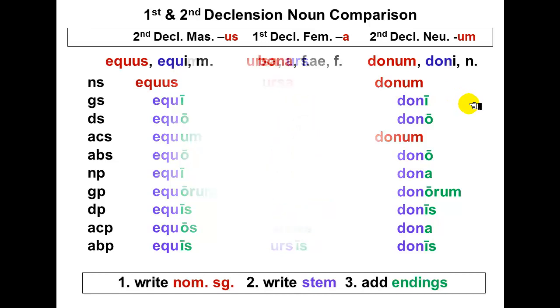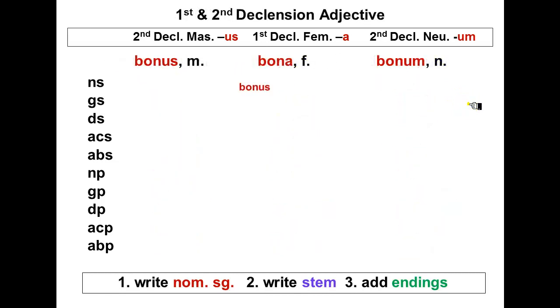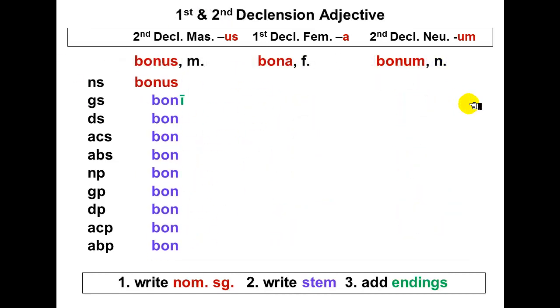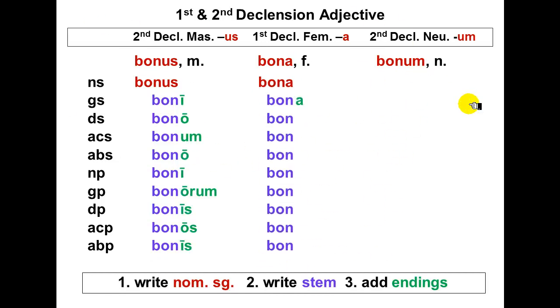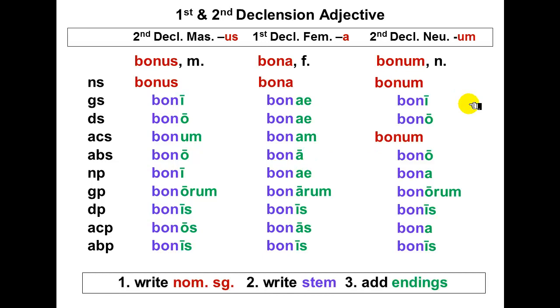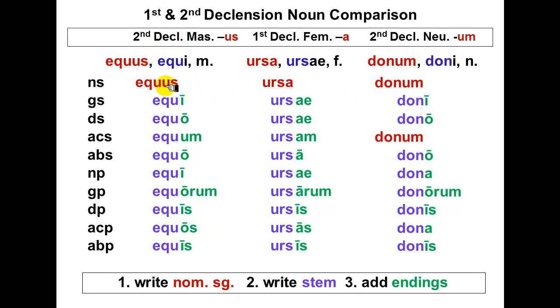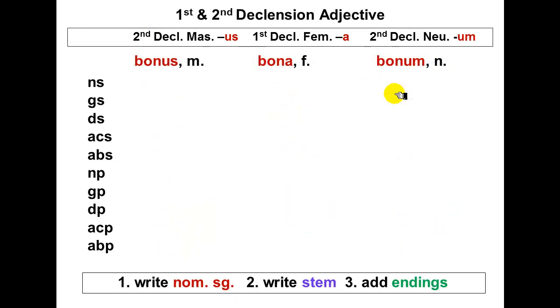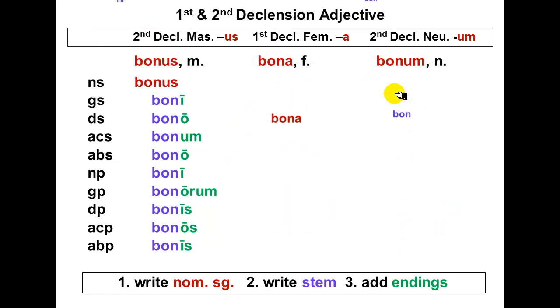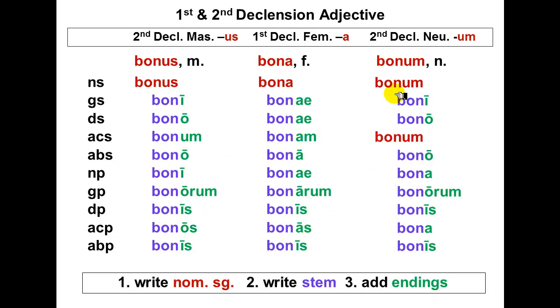Now let's compare the first and second declension adjectives. We look at the declension of bonus, bona, bonum, and compare it to the declension of equus, ursa, donum. We'll find out that the endings are the same.